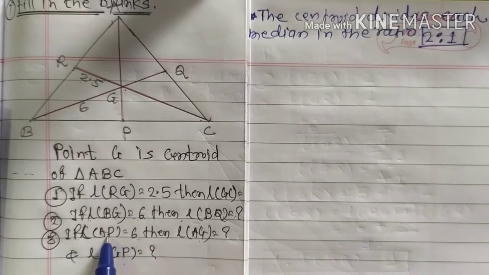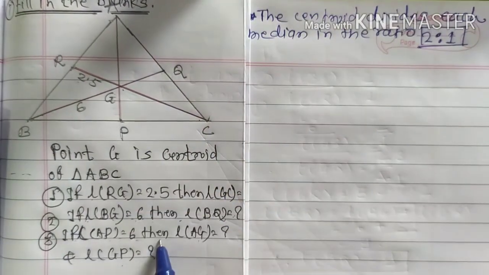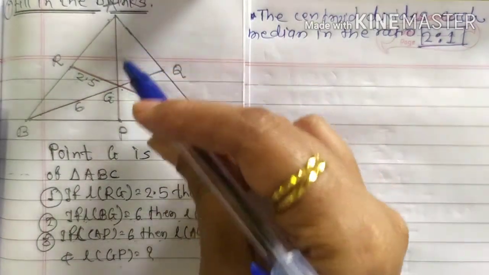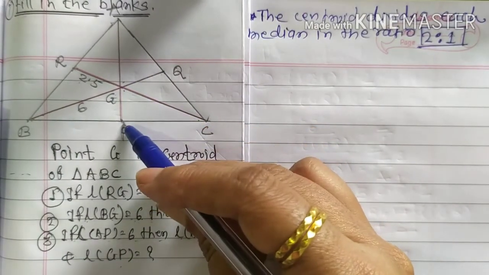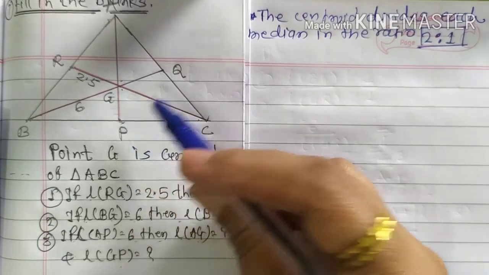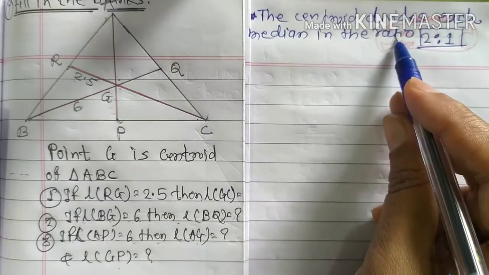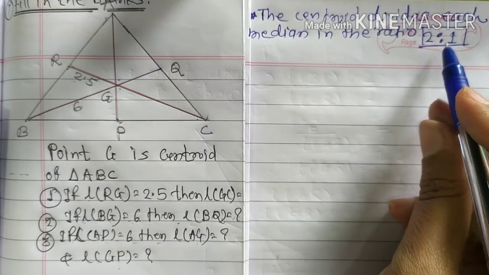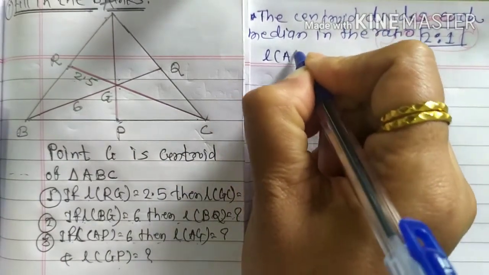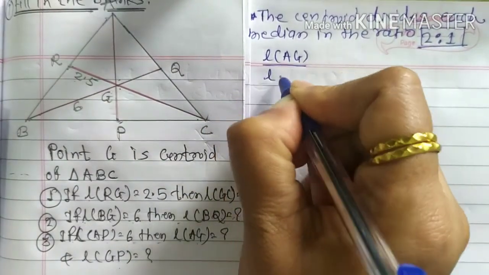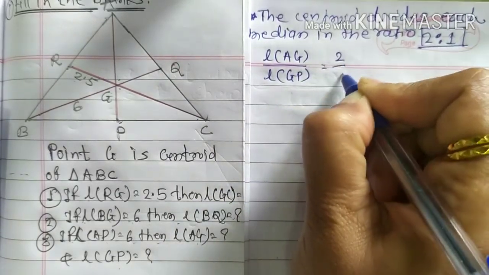If length AP is equal to 6, then length AG and length GP are to be found out. Let's see the property of the centroid. The centroid divides each median in the ratio 2:1. By this, length AG divided by length GP is equal to 2:1.